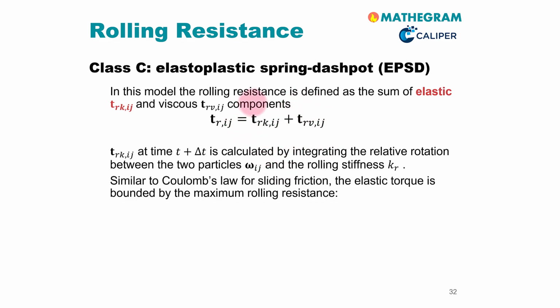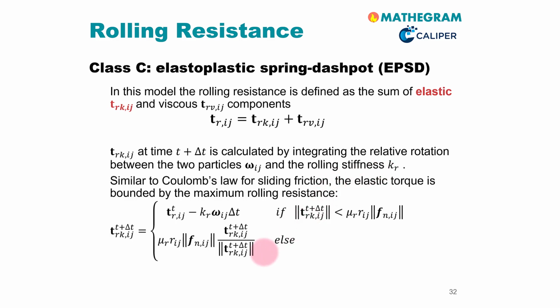For the elastic component here, this TRK, we integrate essentially the relative rotation between the particles with time, and similar to Coulomb's law for sliding friction, we use this maximum torque as the limiting case for this elastic torque that builds up.